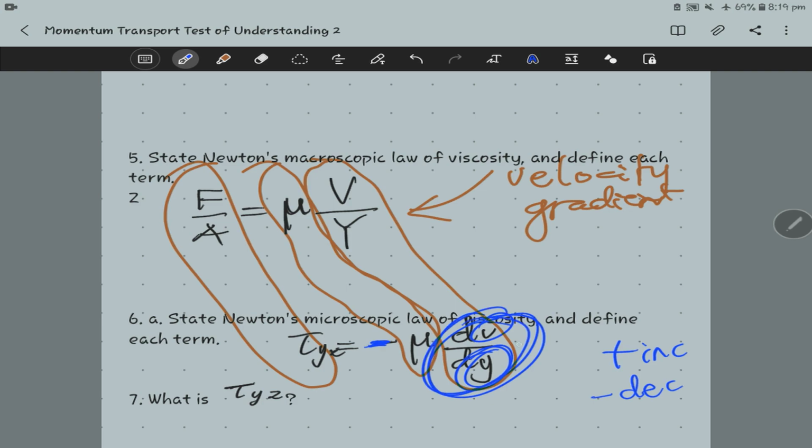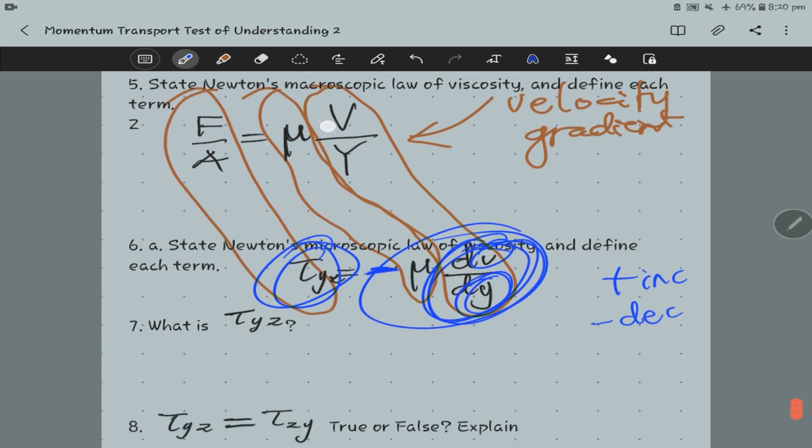So if this is negative, and we know shear stress is not a negative quantity, right? Because this is negative, we have to introduce a negative sign here to cancel the negative from the velocity gradient and make this shear stress positive. So that's why we have the negative there, right?